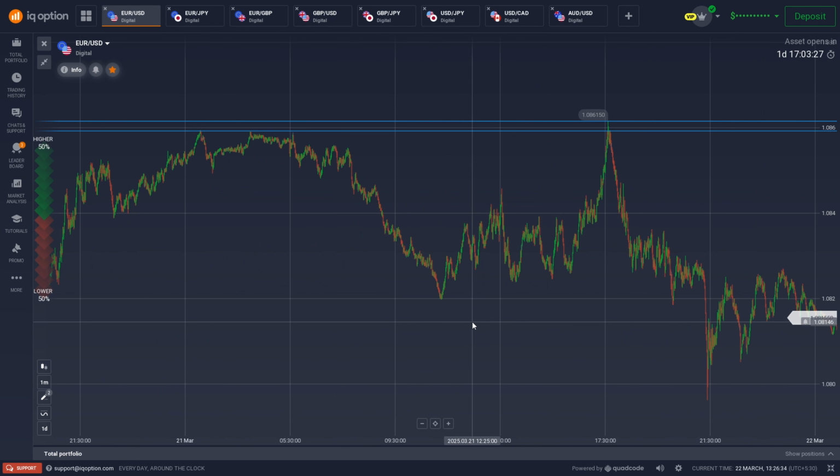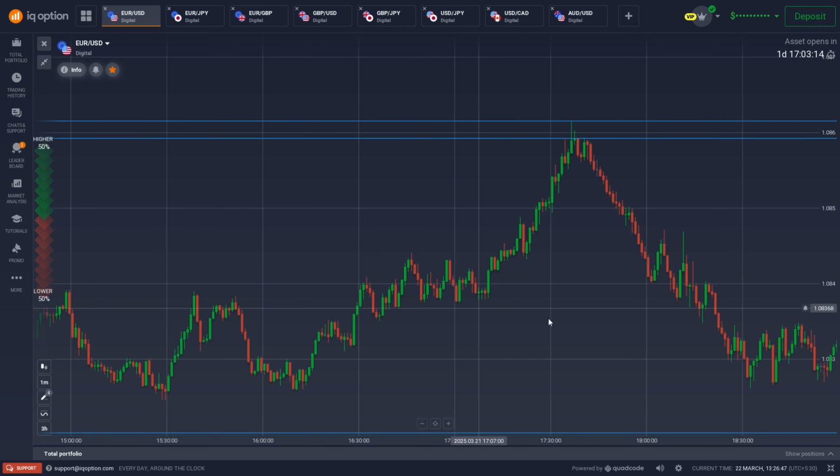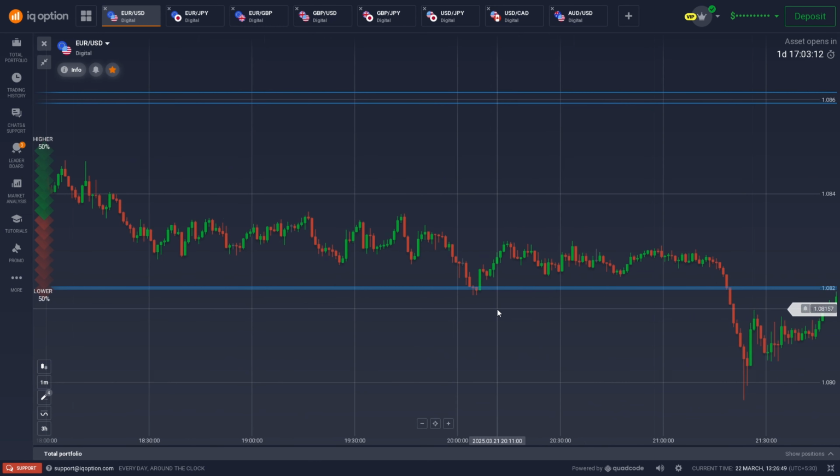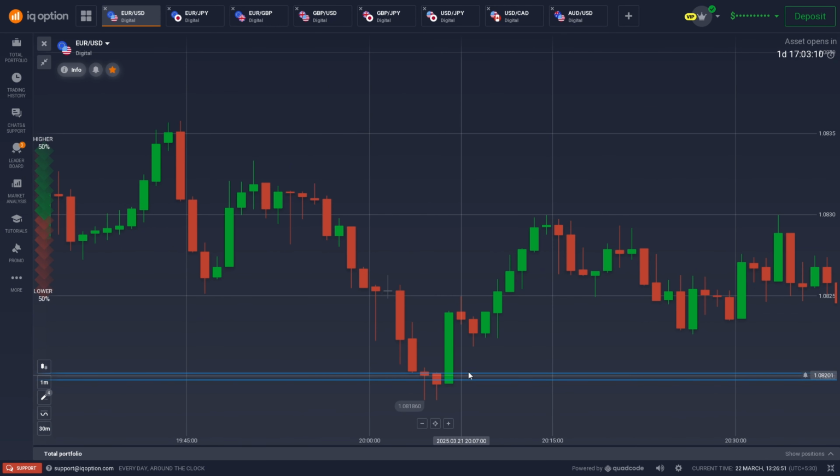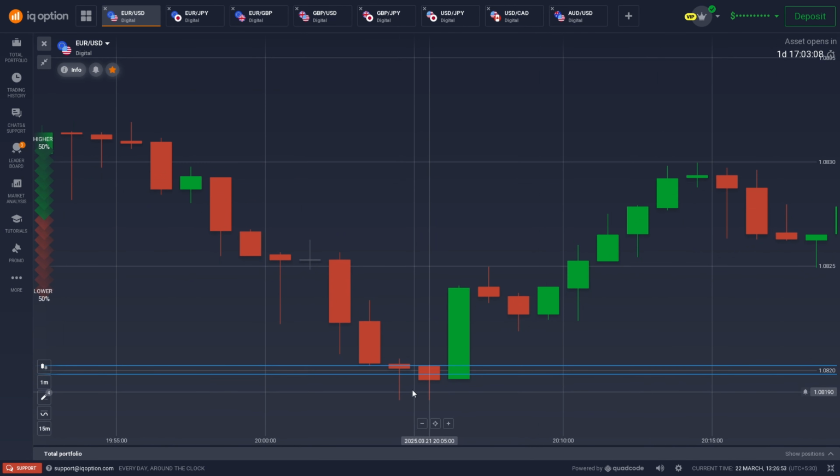Now let's take another example, like let's take this example. This is the wick. This is the body. Let's see what happens in the future. And here, what do you find? You find that this candle did expand the zone.